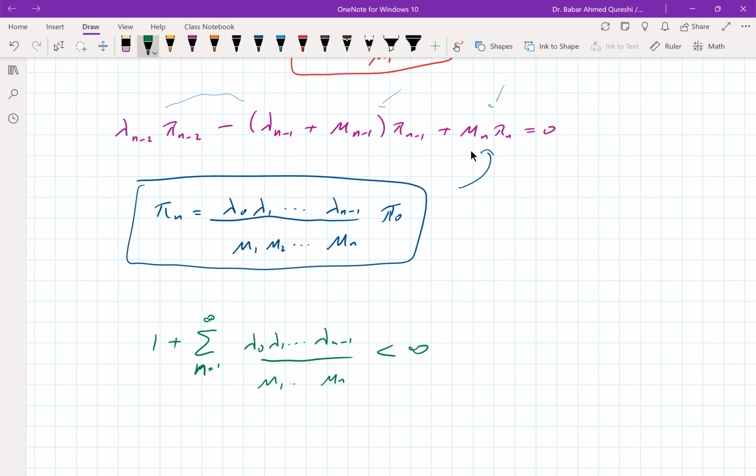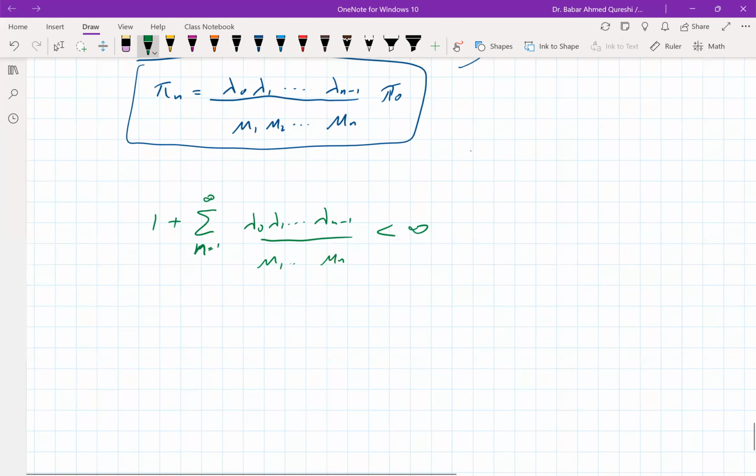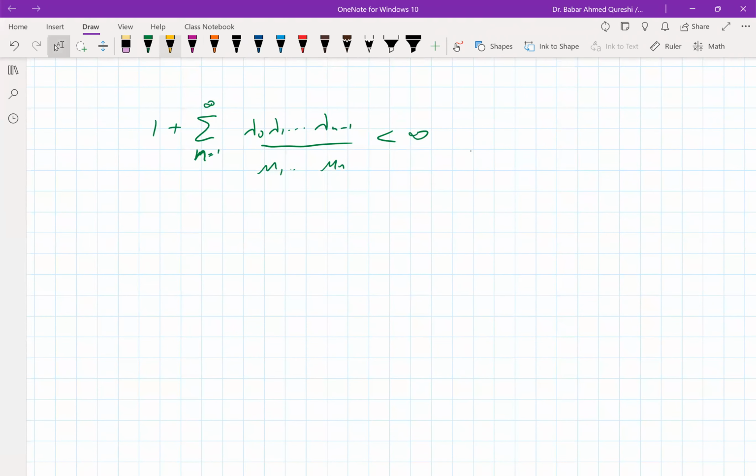Now, one example of an application of the birth-death process is what is called queuing theory. In queuing theory, there are various service problems.